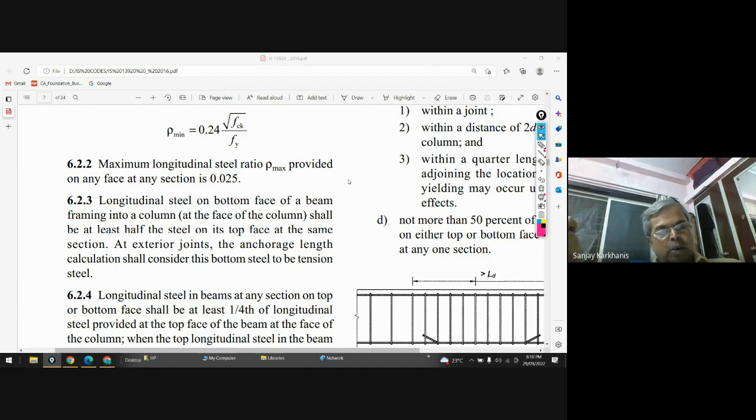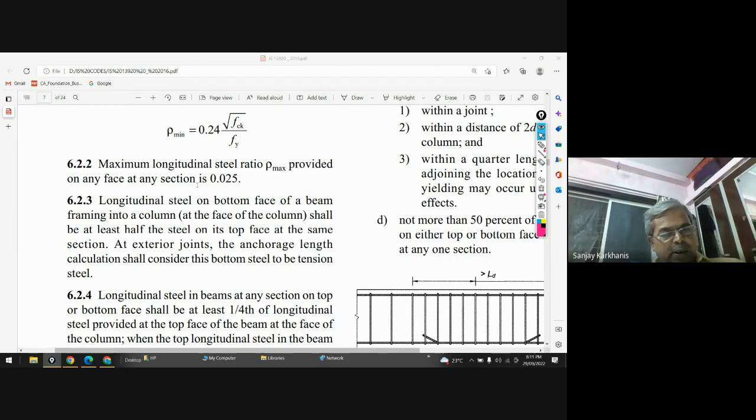Yeah, brittle failure. So to avoid that brittle failure, the code puts a maximum limit, providing what Ast max you can provide in your bd. Accordingly you have to change the size of the beam, or go for a doubly reinforced section.